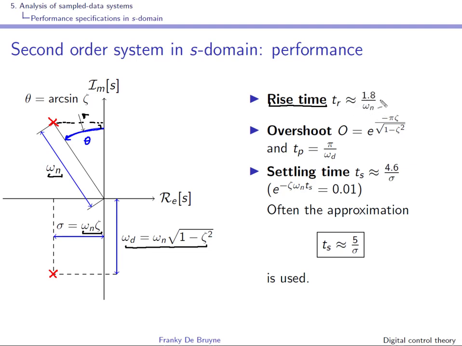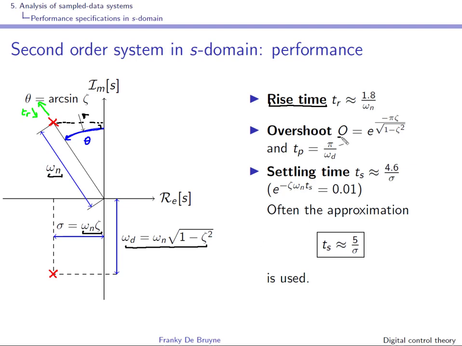So what is important here is that this rise time is in 1 over omega n. So if you want a rise time that is small, you should go in this direction over here, right? So this is TR that is becoming smaller.